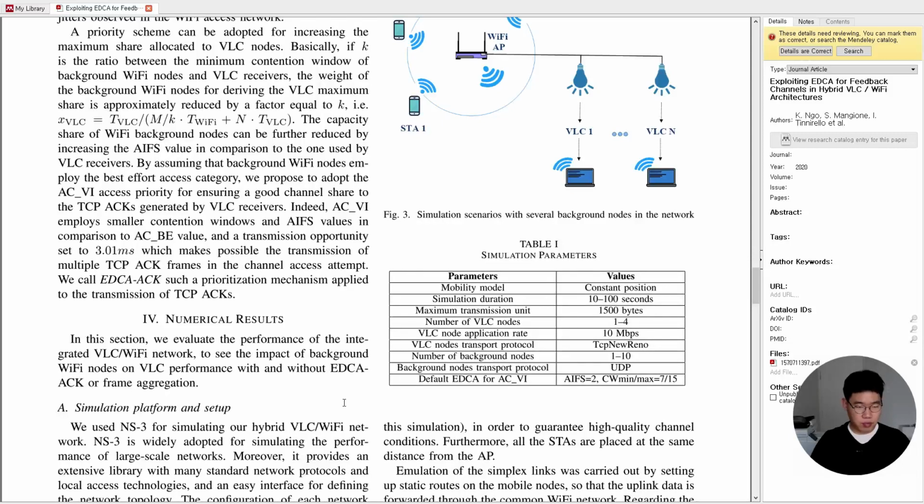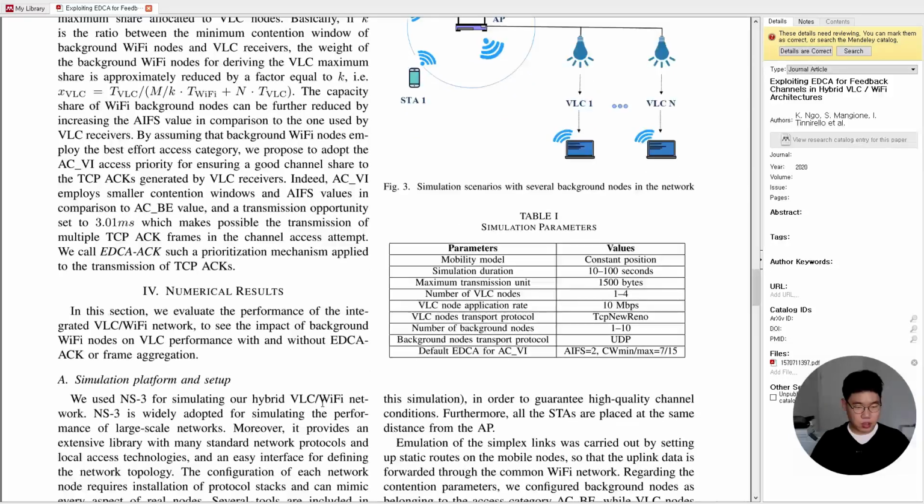Simulation platform and setup. We use NS3 for simulating our hybrid VLC Wi-Fi networks. NS3 is widely adopted for simulating the performance of large-scale networks. Moreover, it provides an extensive library with many standard network protocols and local access technologies, and an easy interface for defining the network topology.